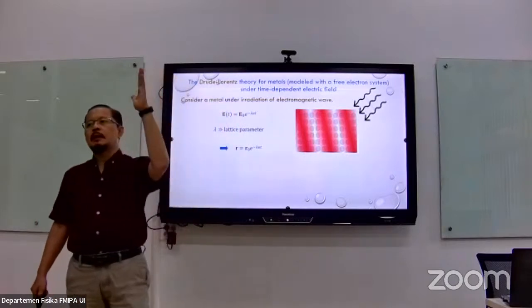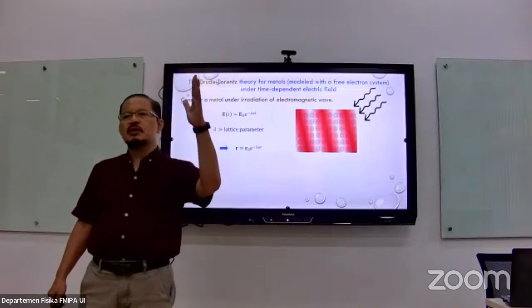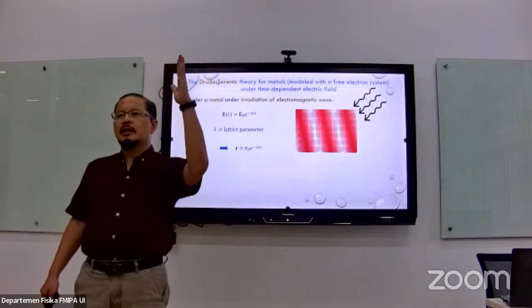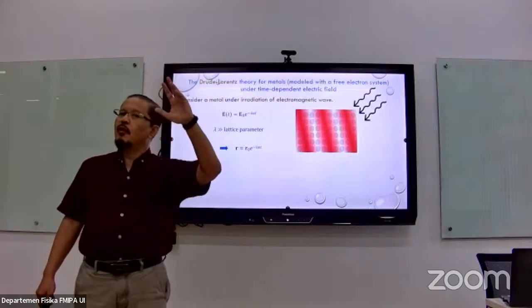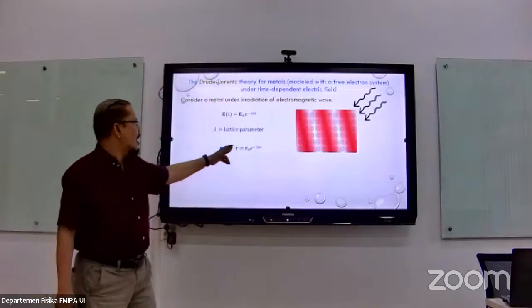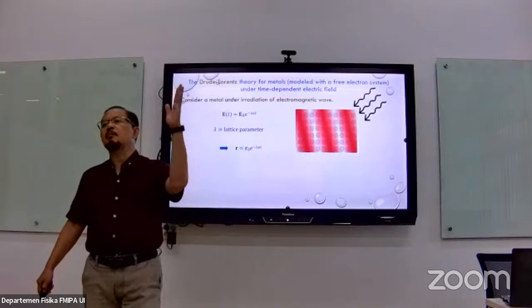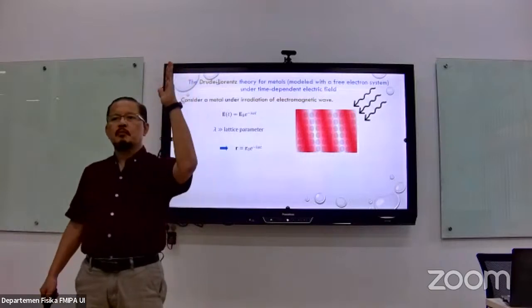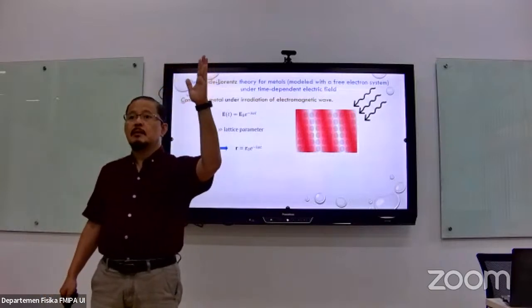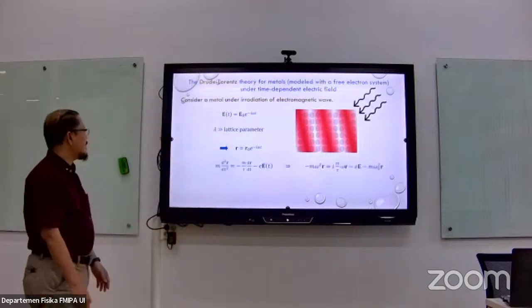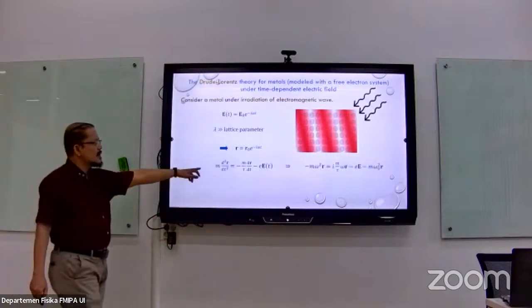Wherever the electrons have their equilibrium positions, they are the zero points, and R represents the displacement from those points.